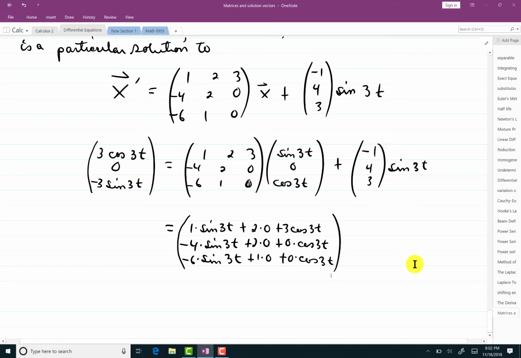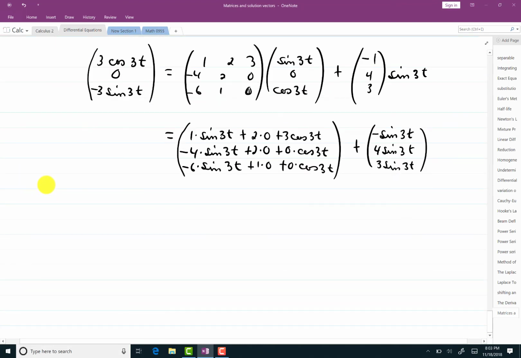While I'm at it, I'm going to make this into a single vector. I'll pull this in. I'll have negative sine of 3t. Then I'll have 4 sine of 3t. And finally I'll have 3 sine of 3t. And let's go ahead and add everything up and see what happens. Here I have 1 sine, 3 cosine, but then the negative sign will cancel the sine out.